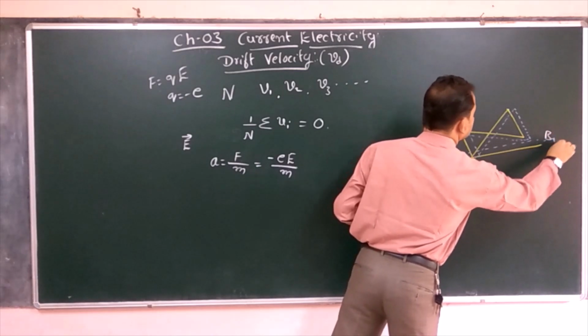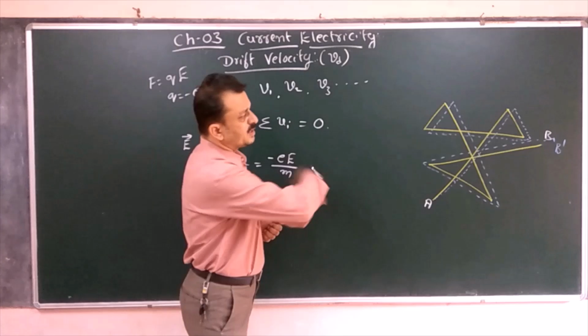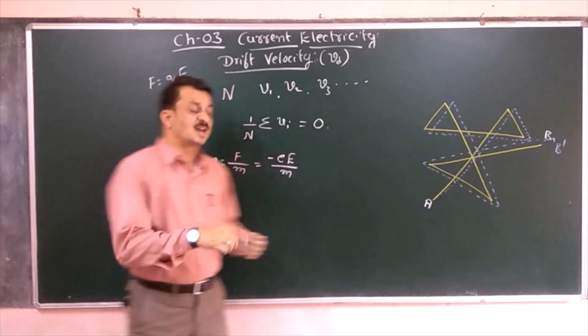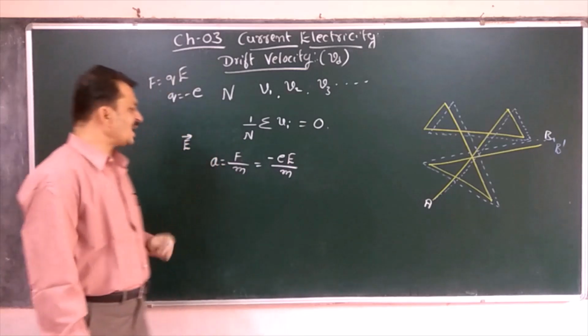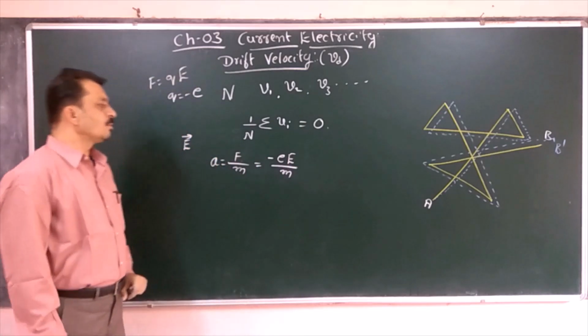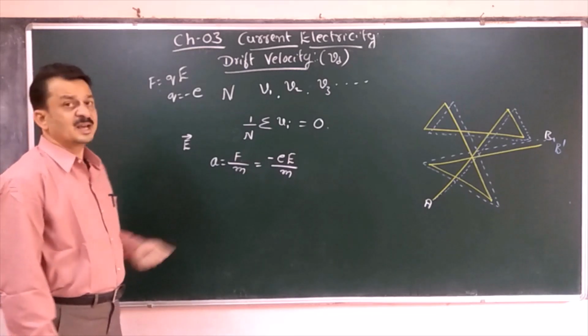Instead of B, it is arriving at B dash whenever an electric field is applied, because it gets accelerated. That acceleration is a equal to minus e E divided by m.